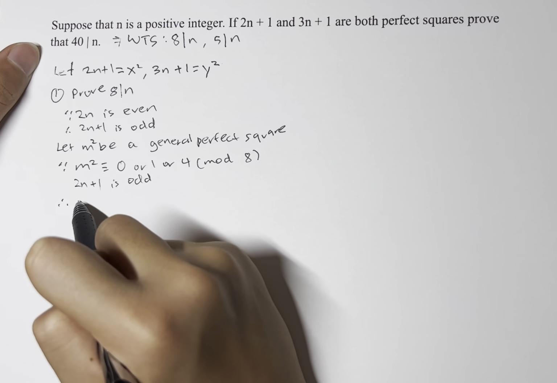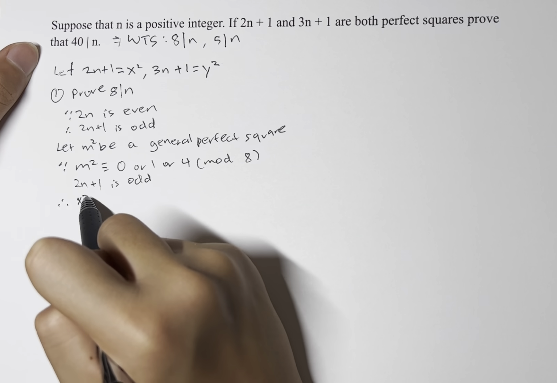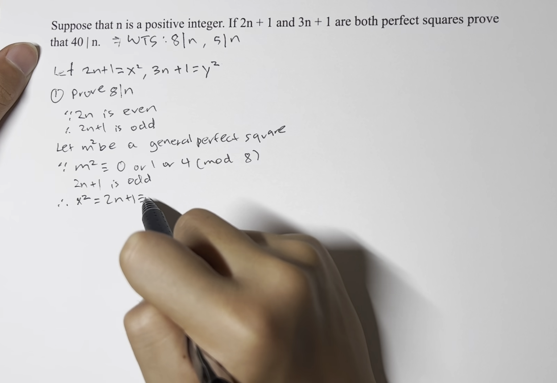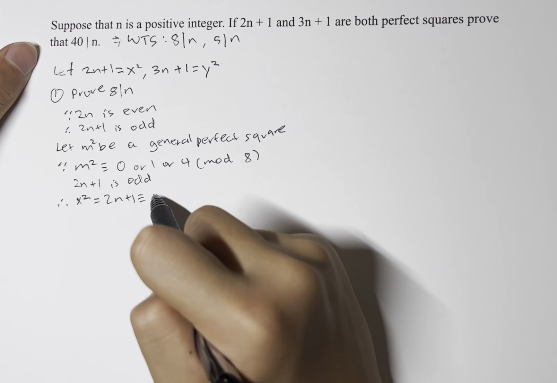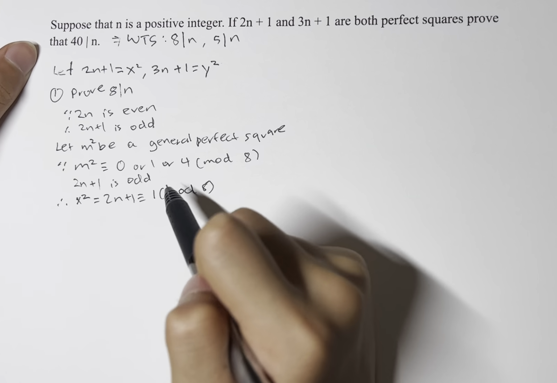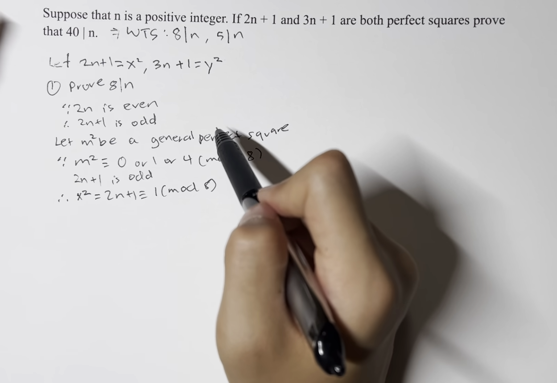So this means that x squared equals 2n plus 1, which is congruent to 1 mod 8, because only odd perfect squares will have a remainder of 1 when divided by 8.